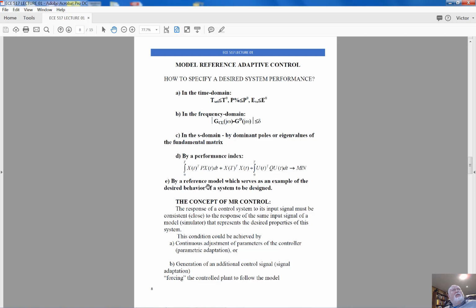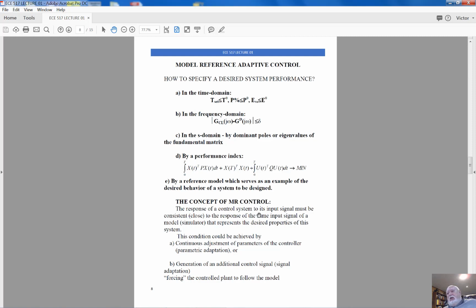And then, if you apply the same input to the real system and to the reference model, you can compare the response of the system with the response of the model, and this comparison provides a very good measure for finding a better design of the controller, a better design of the system, or improving the design that we already have. The concept of model control is this, and I will be repeating myself.